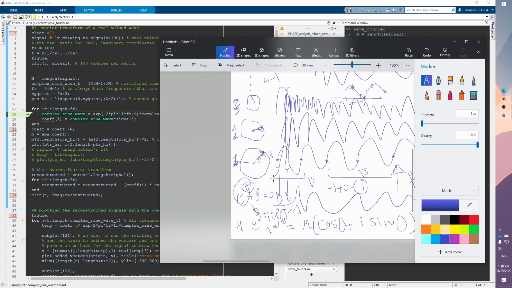So we basically need to see what kind of frequency we need to estimate, and then we do a very simple thing. We put a minus sign to this, and that's how we stop this vector from rotating.